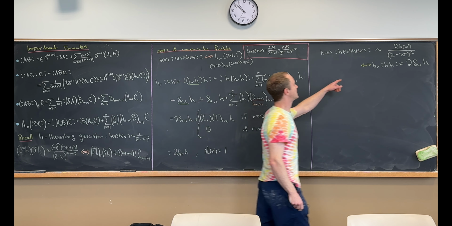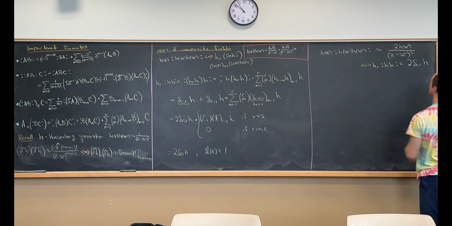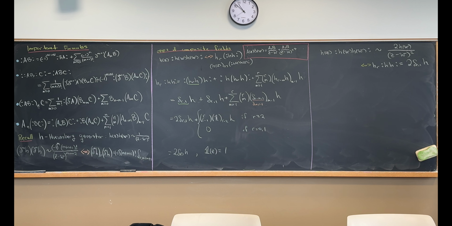So this tells you the only product that's non-zero is the first product, because that's the only pole that we have, Z minus W squared.